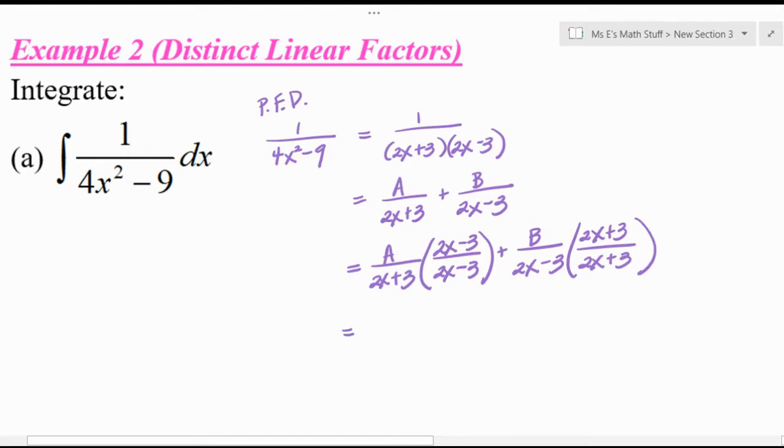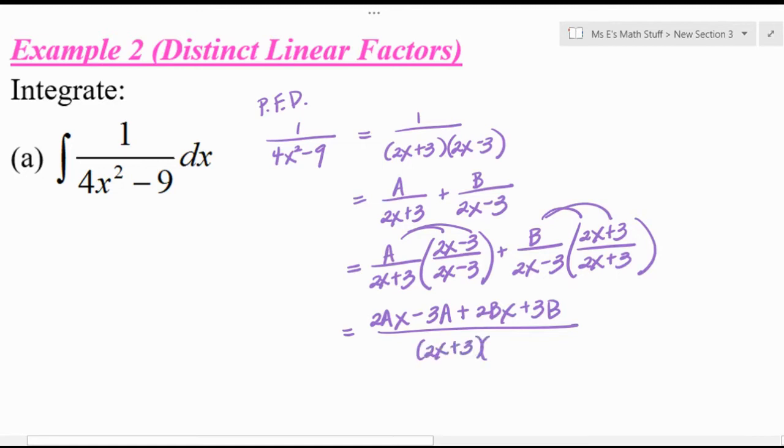Okay, let's see, distributing A in, we'd end up with 2Ax minus 3A plus 2Bx plus 3B, and it's all over 2x plus 3 times 2x minus 3. There we go.